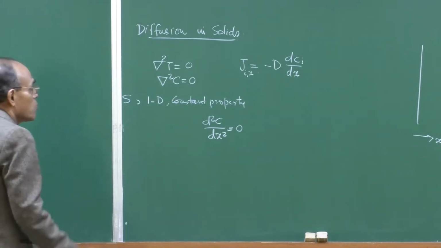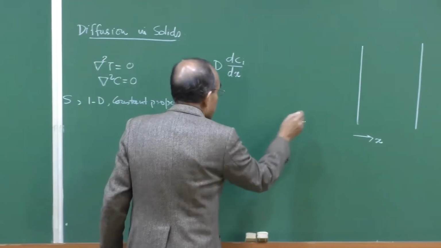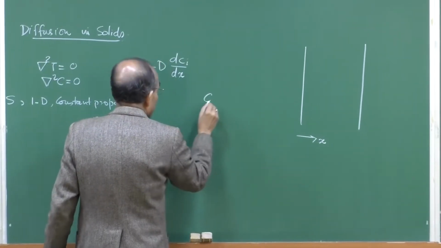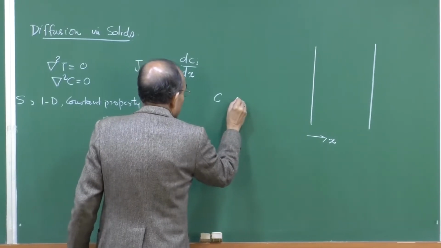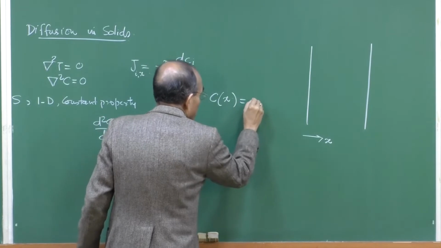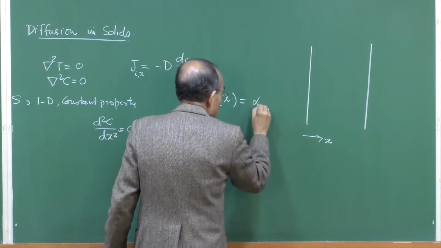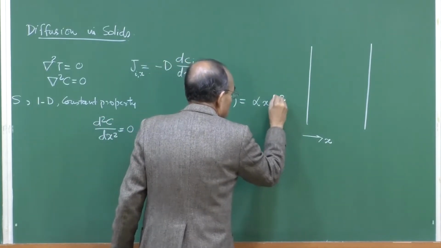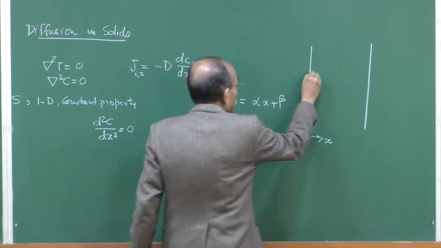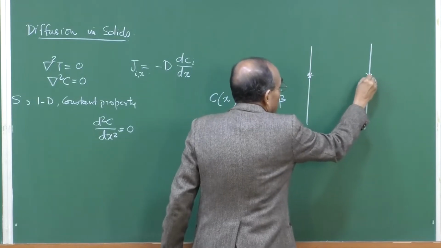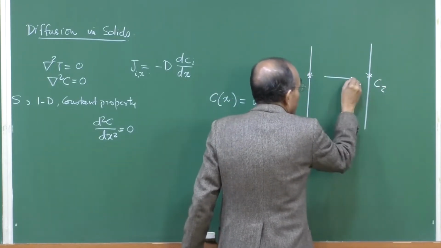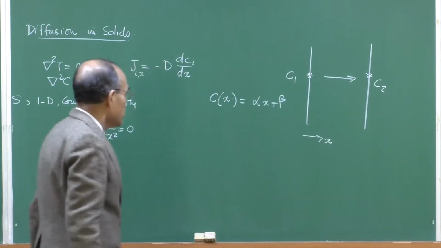So, the solution to this equation is that we have concentration, C as a function of x, given in terms of two constants, alpha and beta, and these two constants are dictated by the boundary conditions here, C1 and C2, and the diffusion is in this particular direction.